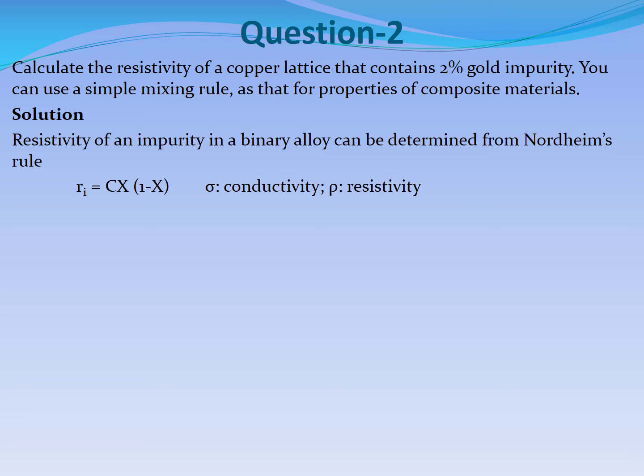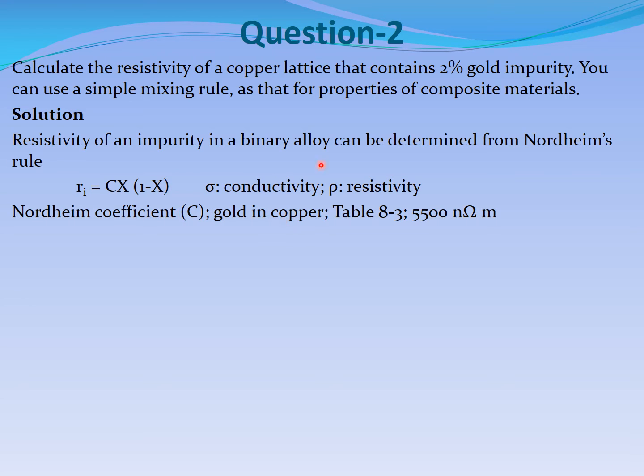So this is the first thing. Nordheim coefficient C, gold in copper, right? 2% gold in a copper lattice matrix. So gold in copper. Go to table 8.3. You will find if it is gold in copper, then this is 5500 nano ohm meter.